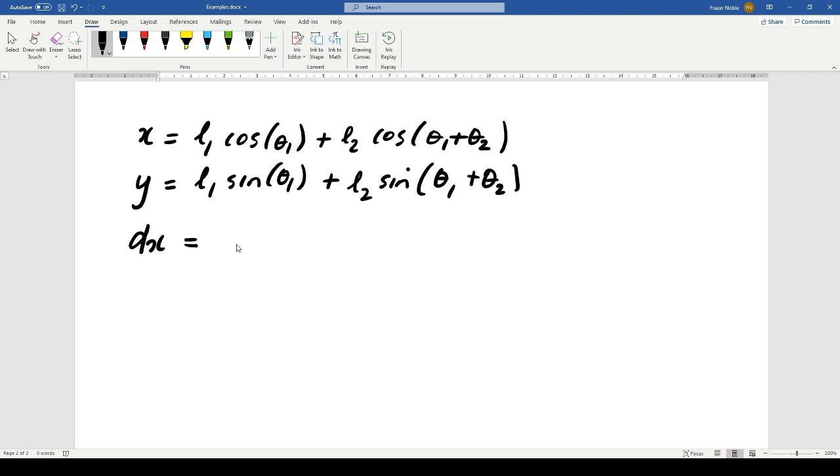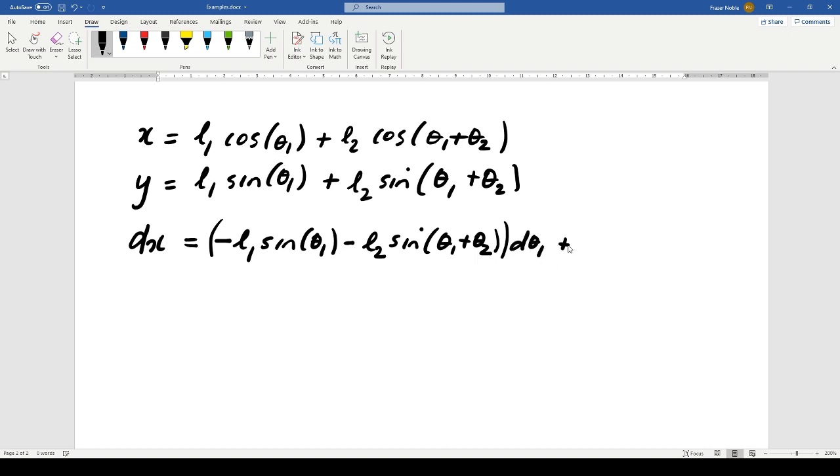The derivative of L1 cosine theta 1 is going to be minus L1 sine theta 1. And then the L2 cosine term is going to become minus L2 sine theta 1 plus theta 2. And that's all times the differential of theta 1.